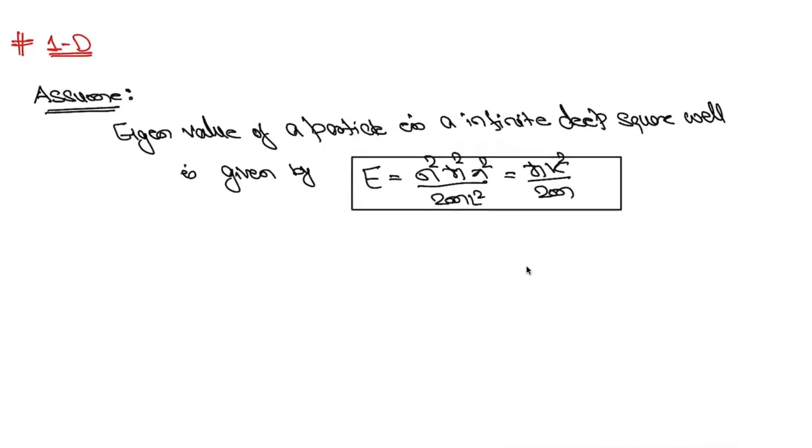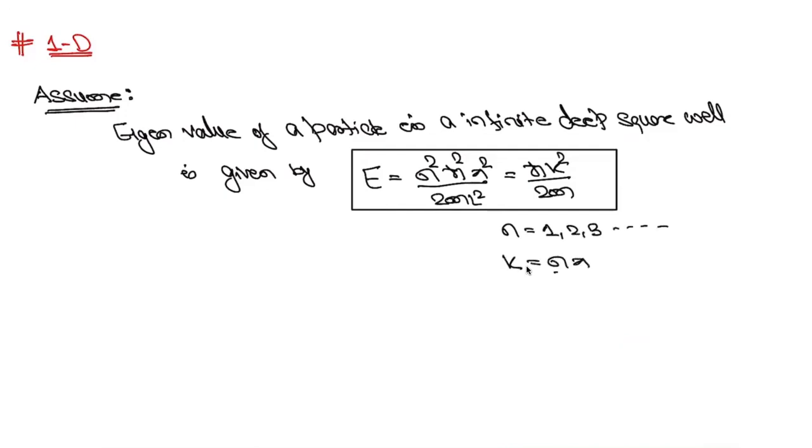This we know, and this I expect you to know, right? You must have done the 1D potential, infinite potential, right? Where n is basically 1, 2, 3, and so on, whole numbers, and K is equal to n pi by L. So K can take the value of n pi upon L.